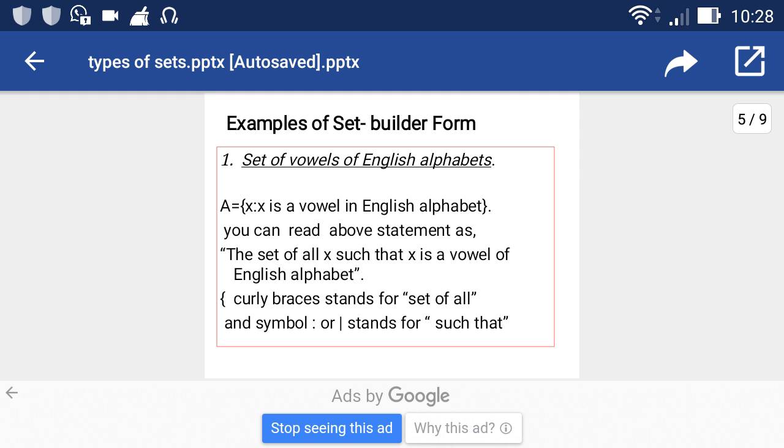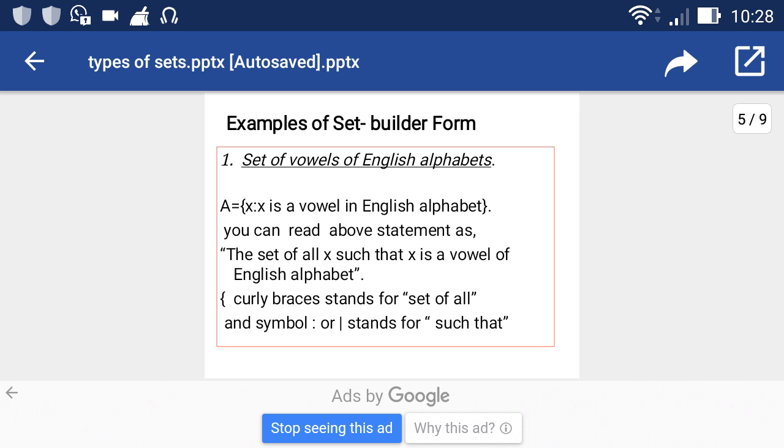You know that A, E, I, O, U are all vowels of English alphabets. So we choose a small letter x to represent the vowel property of all elements. Capital A represents all elements along with curly braces as a whole set, and x represents the individual property of all vowels. You can read this statement as A is equal to curly braces, x colon x is a vowel in English alphabets, curly braces close.